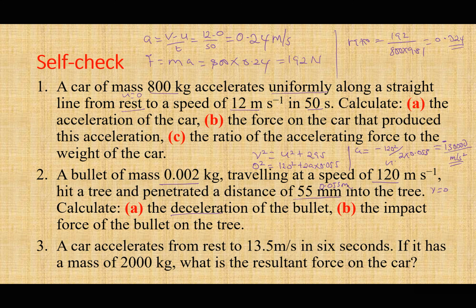Okay, then part B, they say the impact force of the bullet on the tree. So if that is the deceleration, then the impact force is going to be mass times the deceleration.